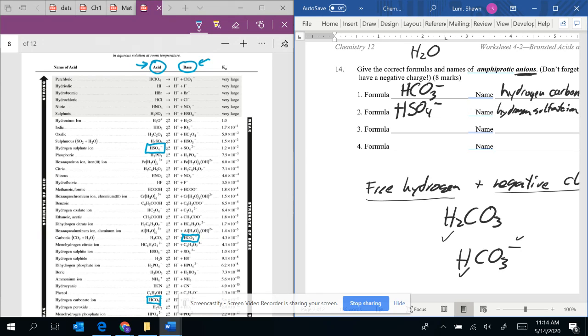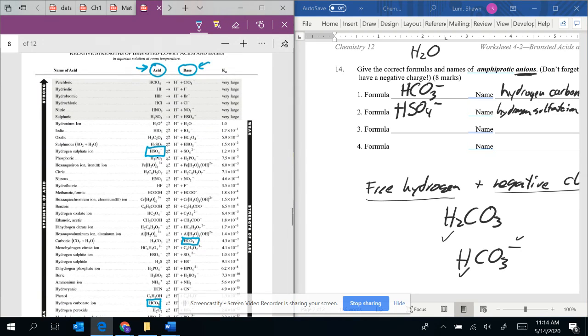A little messy. It's here as an acid, and HSO4, no, this one is HSO3, so HSO4 minus, it can also act as a base. Okay.